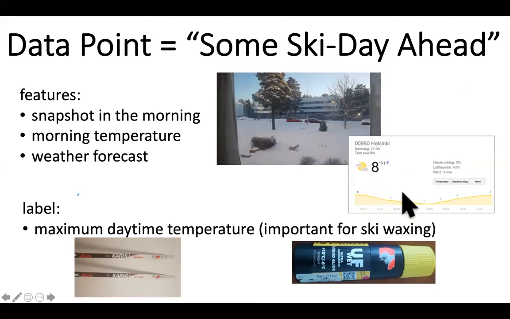This is a forecast. But this is also something you can use as a feature to predict the label, which could be the maximum daytime temperature. Knowing the maximum daytime temperature is important to choose the right kind of wax for your ski. And choosing the right kind of wax for your ski, for those who are not familiar with cross-country skiing, is very important to have a nice experience.